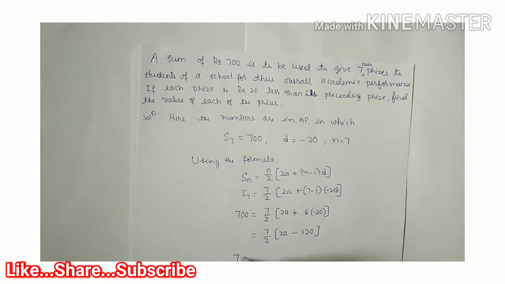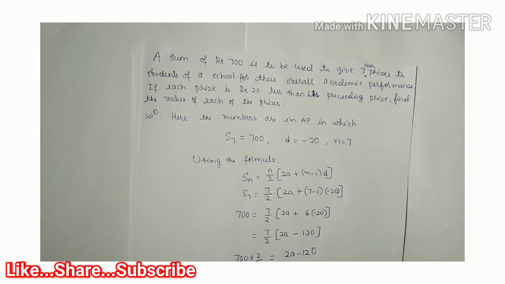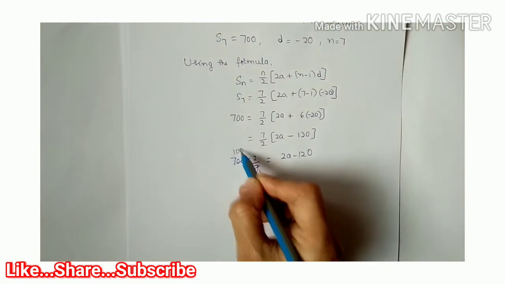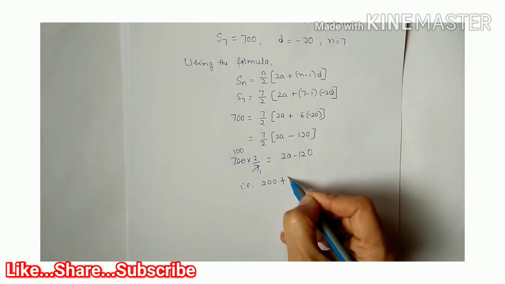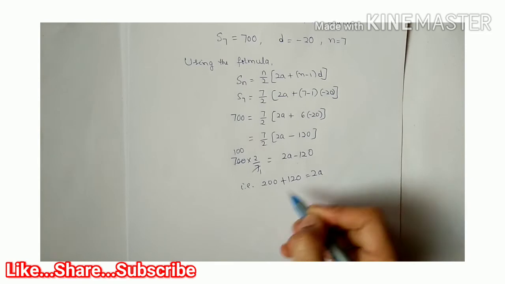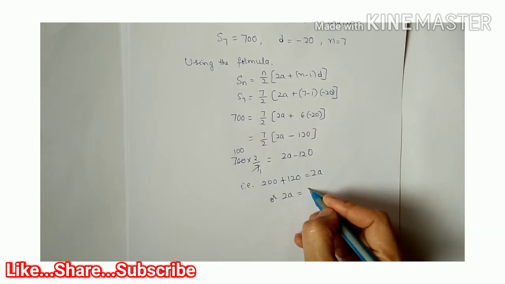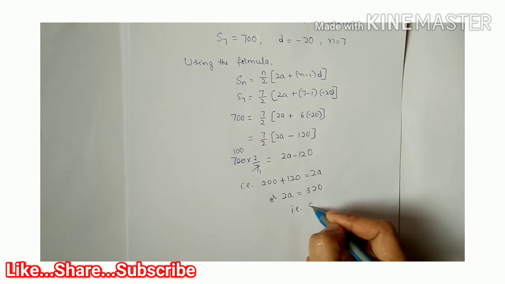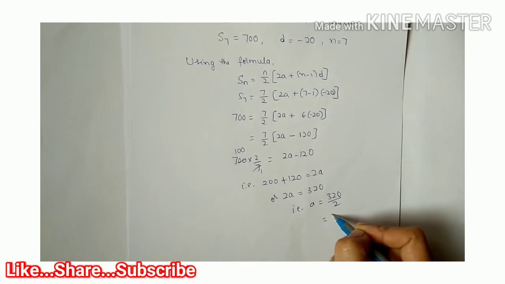Take 700 into 2 by 7, which is 200, equal to 2a minus 120. That is 200 plus 120 is equal to 2a, or 2a is equal to 320, that is a is equal to 320 by 2, 160.